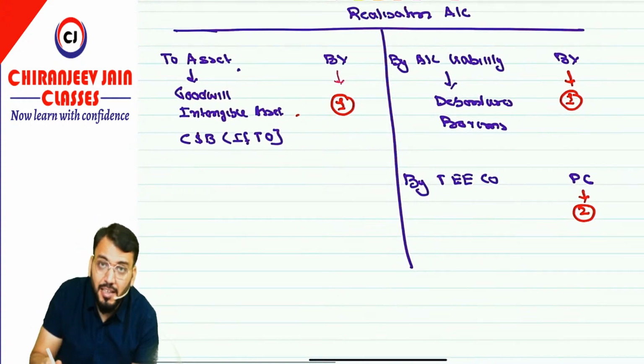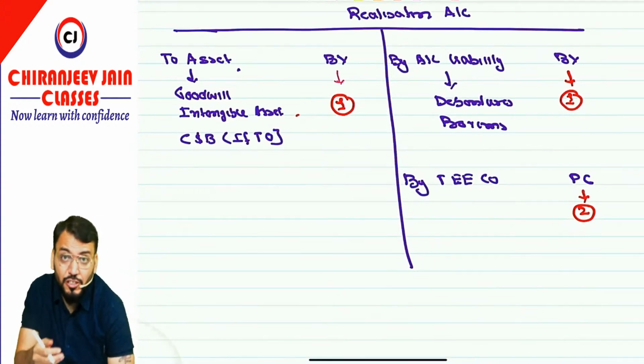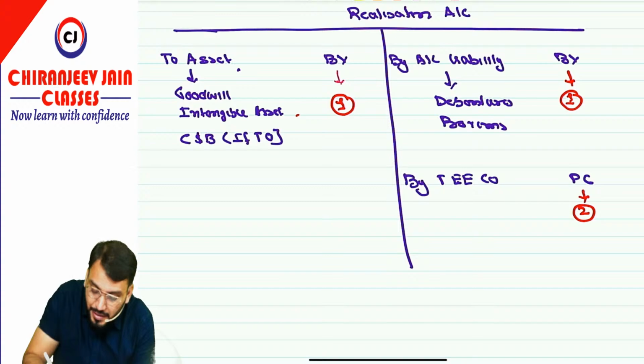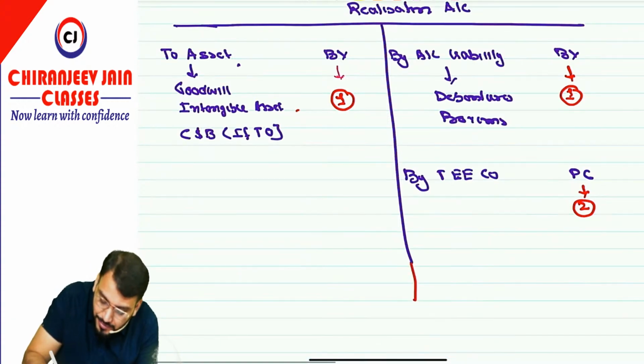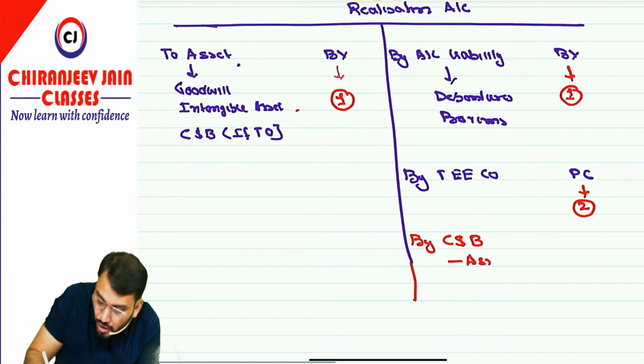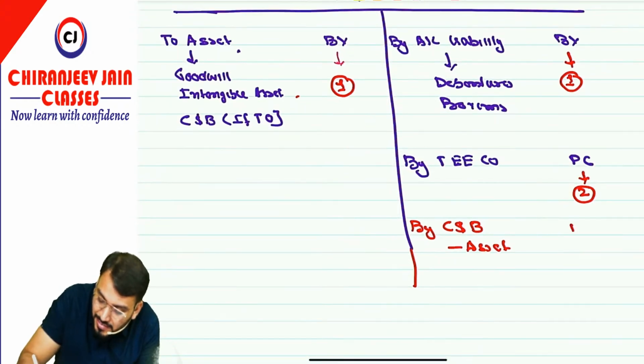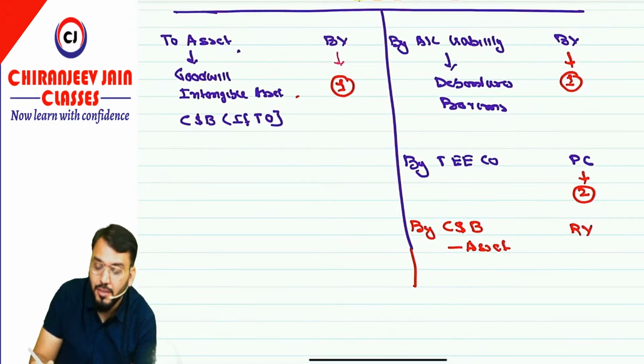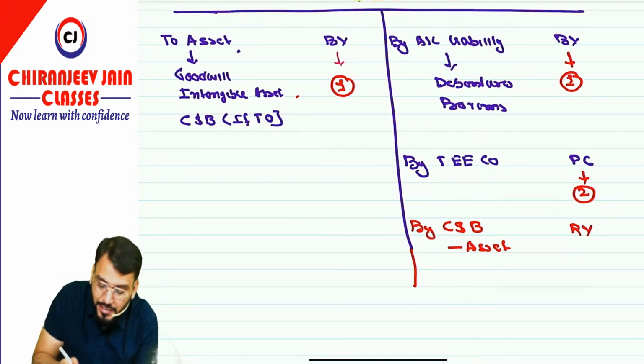Then any asset which is not taken over will be realized. We write on by cash and bank. Asset not taken over will be sold. This is step number 3. This is the realizable value, whatever amount is realized.